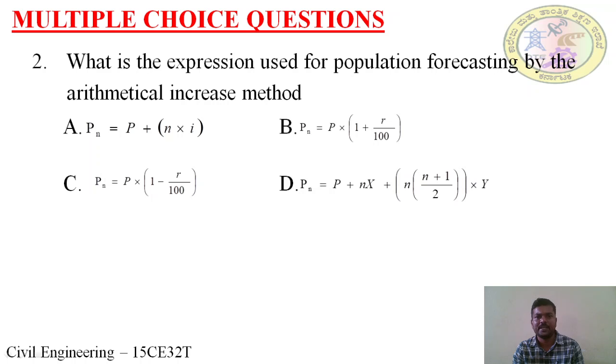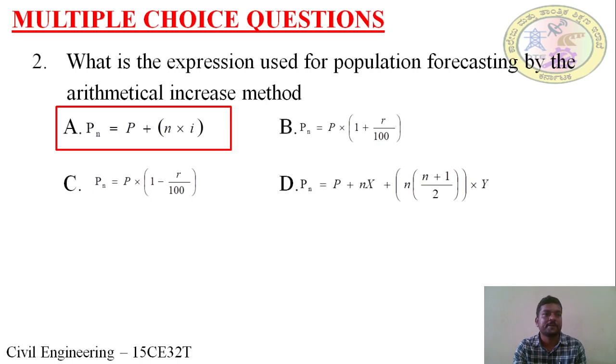Option D, Pn is equal to P plus nx plus n into n plus 1 whole thing divided by 2 into y. The correct answer is option A. The expression used for population forecasting by arithmetical increase method is Pn is equal to P plus nI.